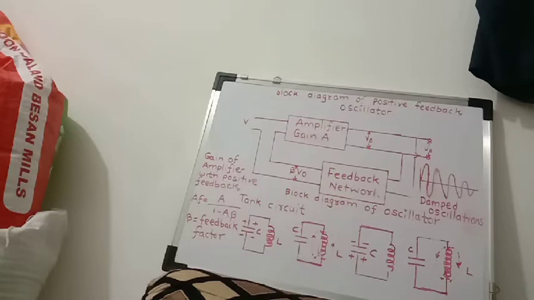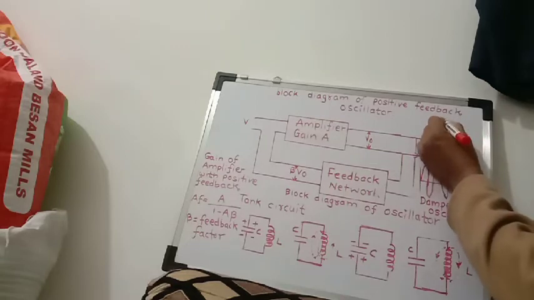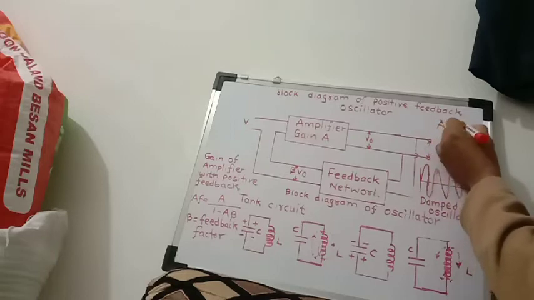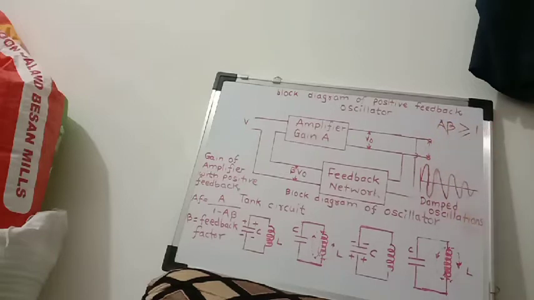First is the loop gain, that is A beta, which should be greater than or equal to 1. To produce sustained oscillations, A beta should be greater than or equal to 1. So this is the first condition.